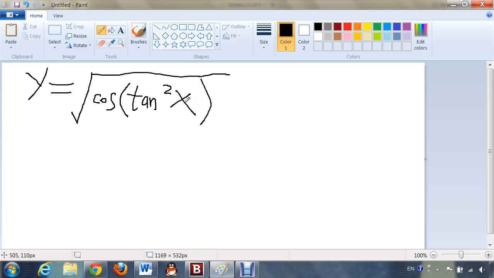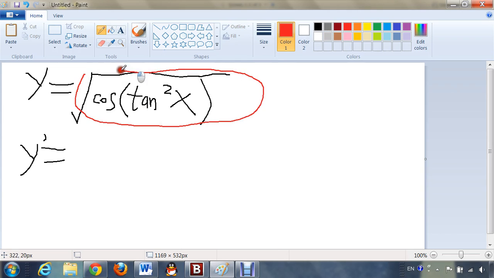Okay, first let's again use the way that I usually do to solve this problem. First, take the derivative of both sides, y prime. Now when you look here, we will go to the document that has all the rules and match the rule, to see if there's any rule that looks like square root of something.